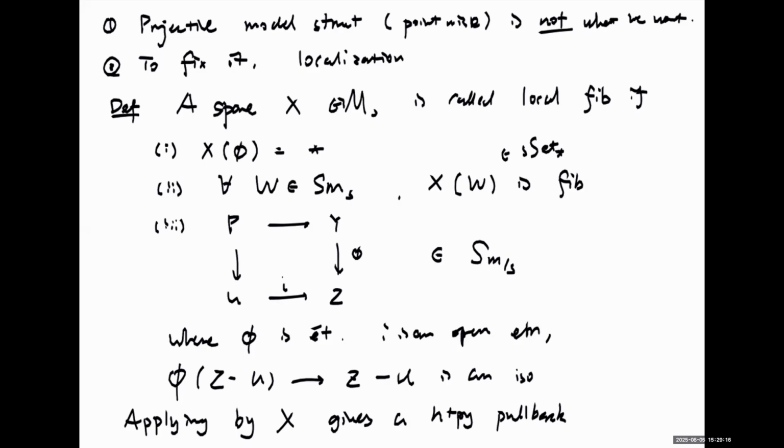The arrows in the square will be flipped, right? Yes, exactly. Which means that the Z part is the homotopy pullback of the others. Let me change the color. How can I change the color? I don't know. Anyways.